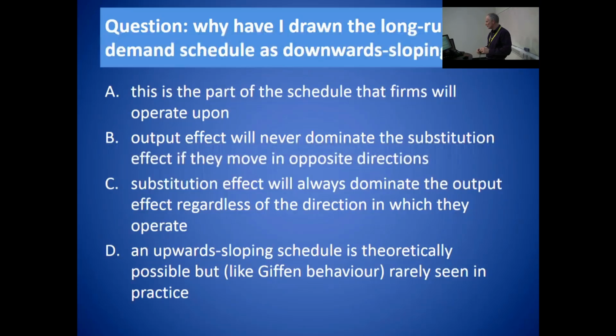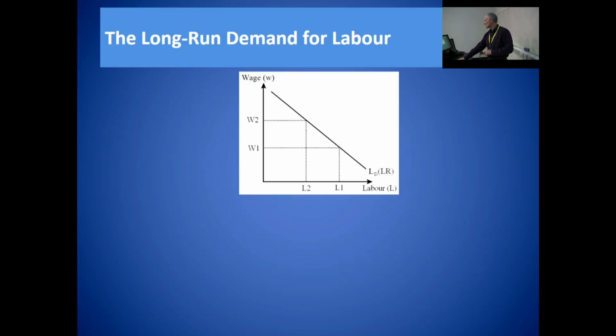But what I want you to do is think about it intuitively. All the stuff that preceded this, those complicated diagrams, you don't need to worry about. Absolutely and guaranteed isn't going to be in the exam. Why does that long-run factor demand schedule slope downwards?